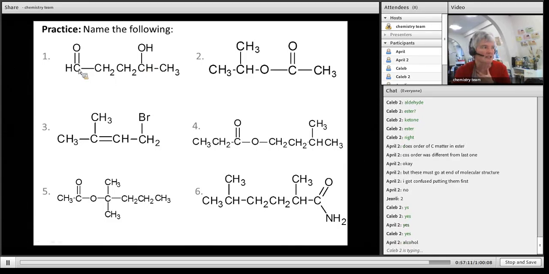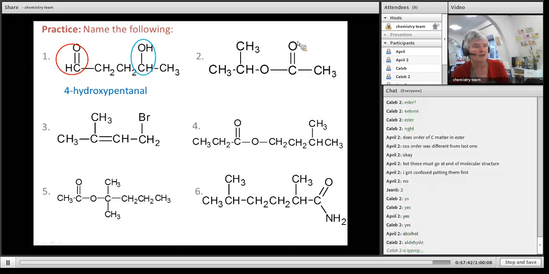It's not going to be the alcohol. It's the aldehyde. Remember, it's carboxylic acid, then aldehyde, then ketone, then alcohol. Okay, so this is going to be carbon 1, and this will be on carbon 4. So it's going to be 4-hydroxypentanal, and I don't have to say where the aldehyde is because it has to be on the end.